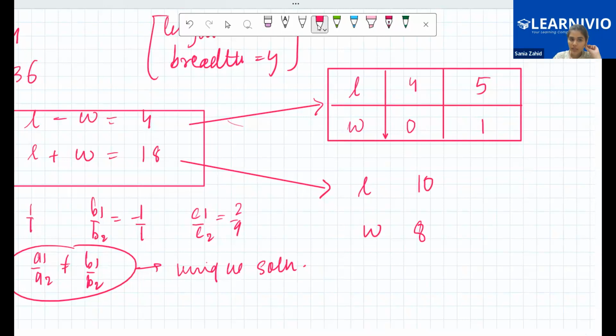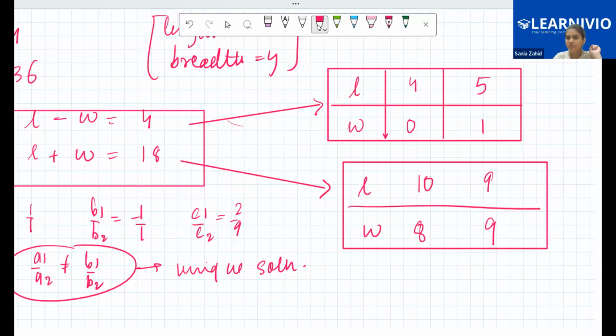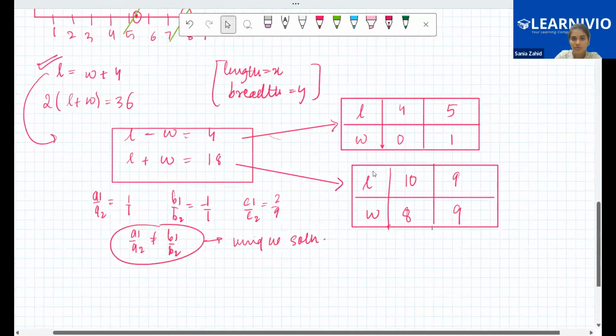And when W is 9, L is also 9. See, now we have a smaller graph with us, easier to draw. Now we can plot these points on the graph.